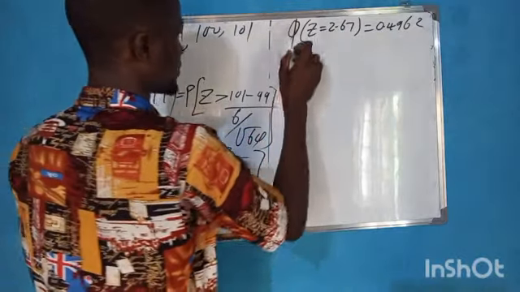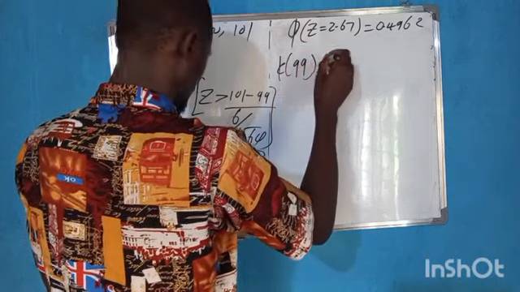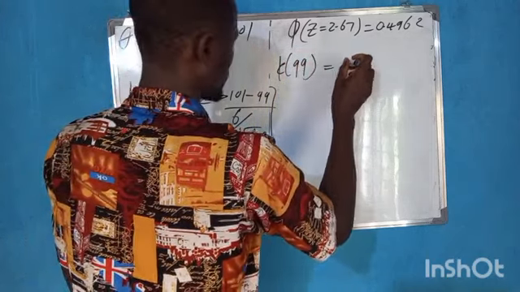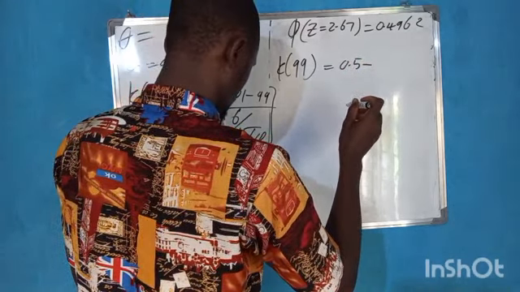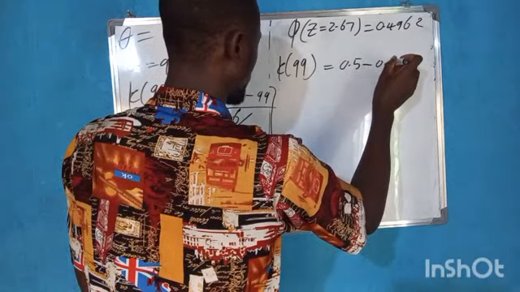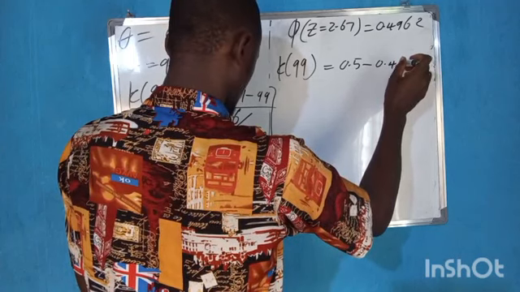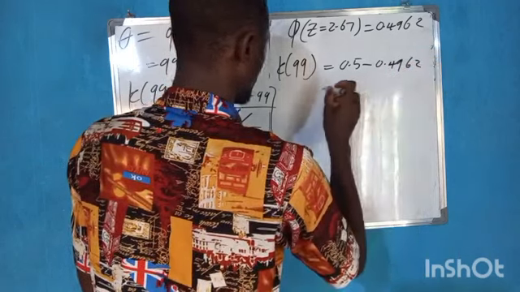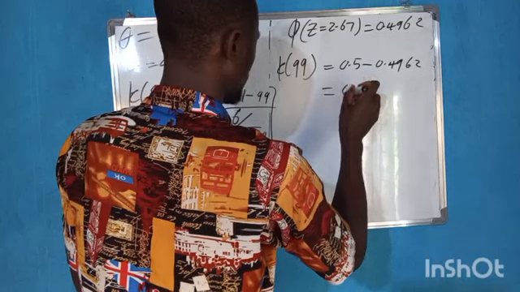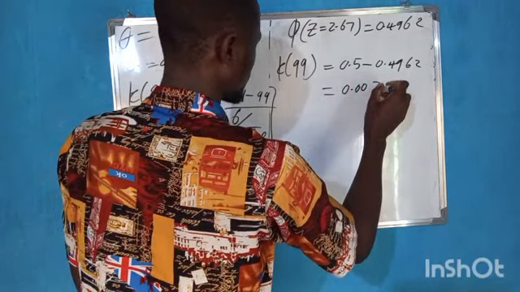This implies that K of 99 is equal to 0.5 minus 0.4962, which is equal to 0.0038.